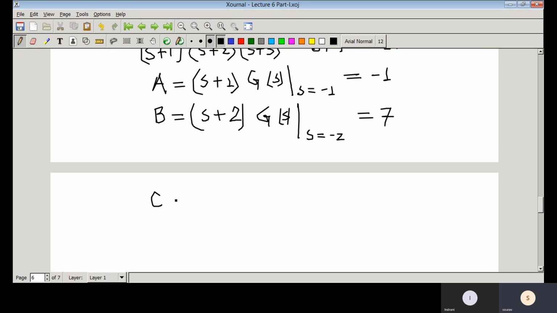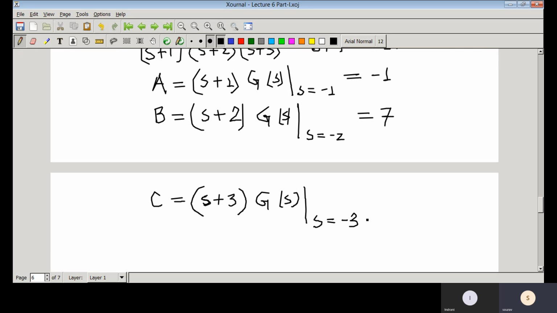Then C. So C would be s plus 3 into G(s), and you find it at s equal to minus 3.